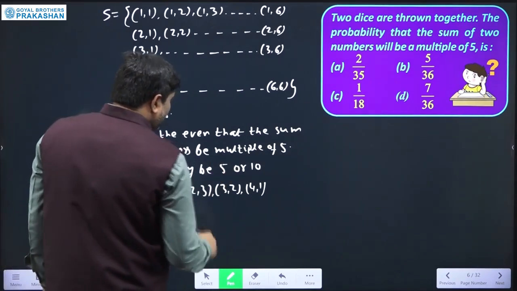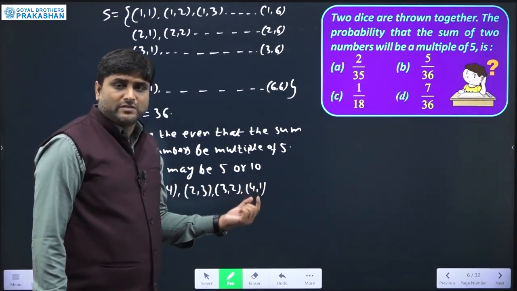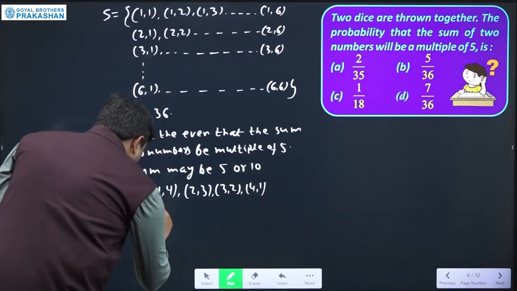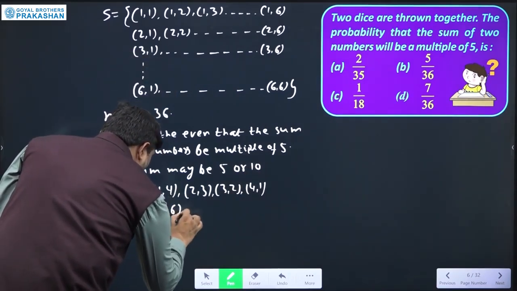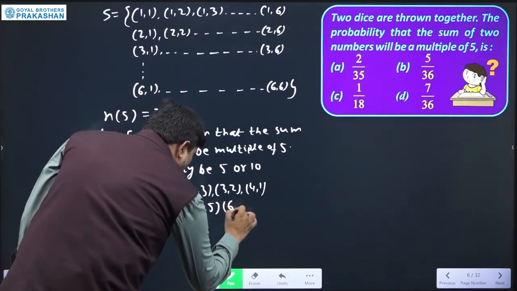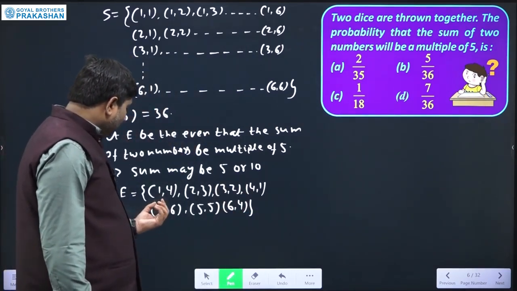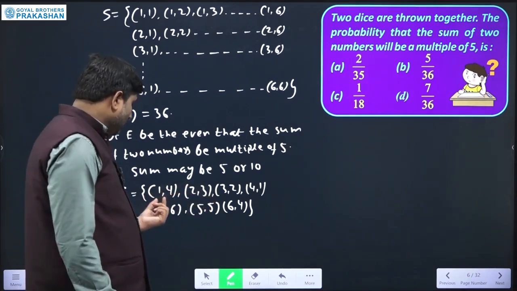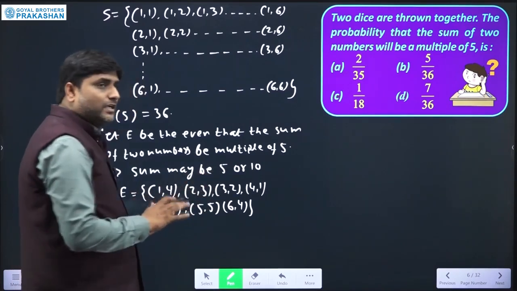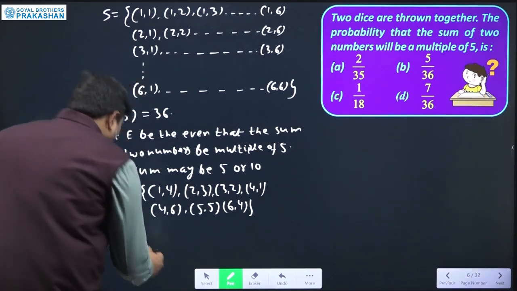Now if we wish sum to be 10, then it is not possible with 1, not possible with 2, not possible with 3, it is possible with 4. So 4 on first dice, 6 on second, then 5 comma 5, then 6 comma 4. So these are the favorable outcomes, 1 comma 4, 2 comma 3 up to 6 comma 4. In these the sum is multiple of 5, either the sum is 5 or the sum is 10.